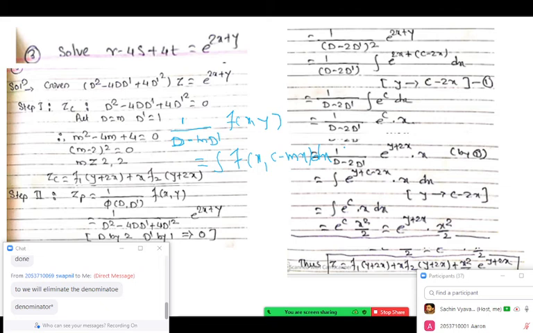That's the only one. Is that clear, Swapnil? Yes sir, clear.